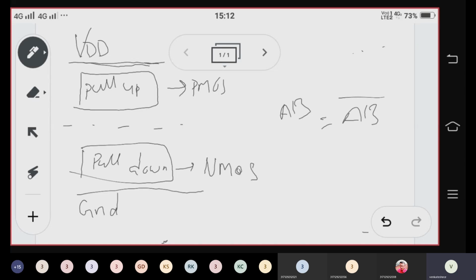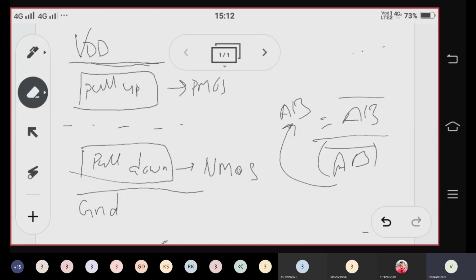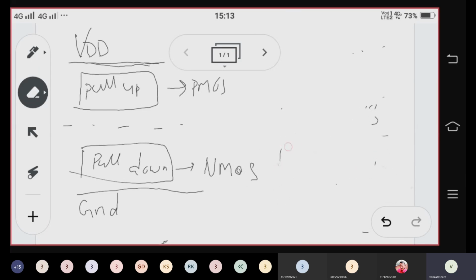After implementing AB bar, we give it to an inverter, so the equation becomes (AB bar) whole bar, which is AB. In this way, we design real equations in CMOS technology. First we implement the complement equation, and then we give that output to the inverter circuit, which gives the real equation.